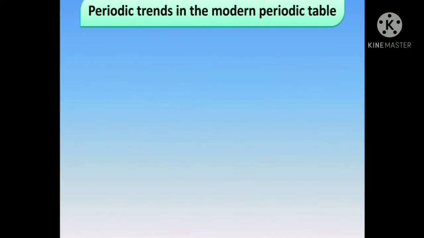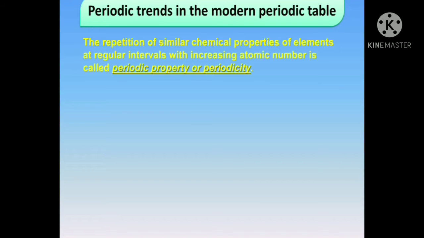Let us learn the periodic trends in the modern periodic table. When the properties of elements in a period or a group of the modern periodic table are compared, certain regularities are observed in their variations. The repetition of similar chemical properties of elements at regular intervals with increasing atomic number is called periodic property or periodicity.